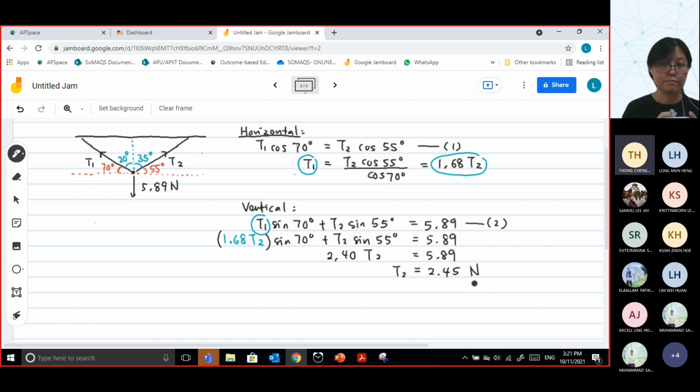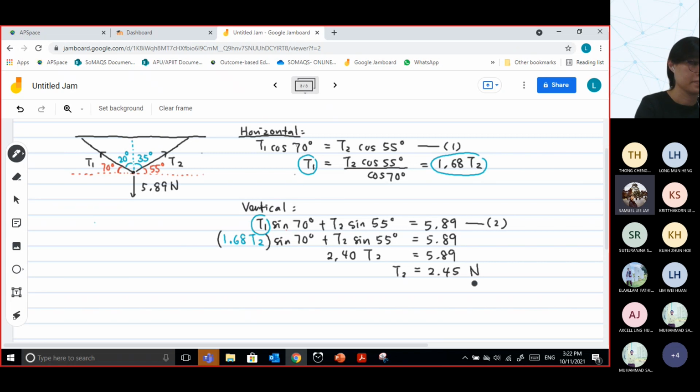Miss, I got 2.46 Newton. Okay, 2.46. I'm using two decimal places here. I'm not sure is it because of the decimal. If I'm using more decimal places, I may get 2.46. It should be fine.